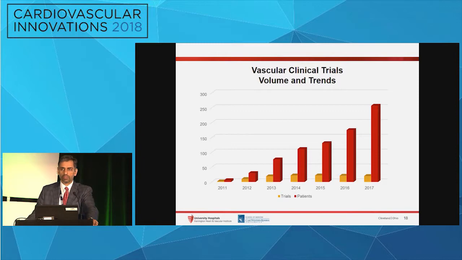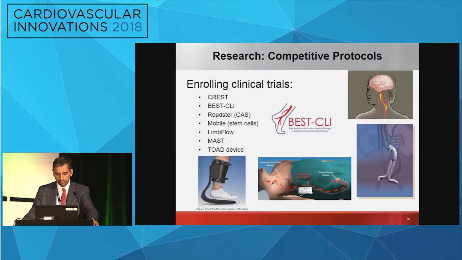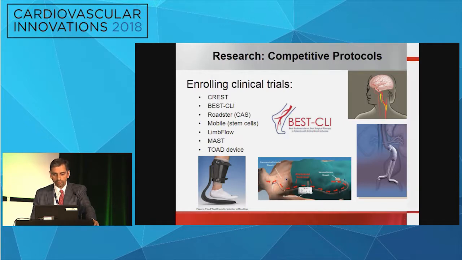We've worked together in terms of clinical trials, and over the last 7 years have started over 25 clinical trials and have had increasing numbers of patients enrolled in those trials. These include BEST CLI, but also trials in carotid disease, aortic disease, peripheral arterial disease clearly, and AV access and other vascular conditions.